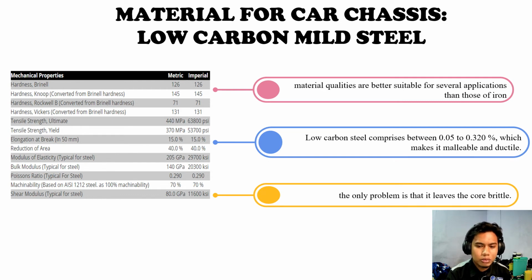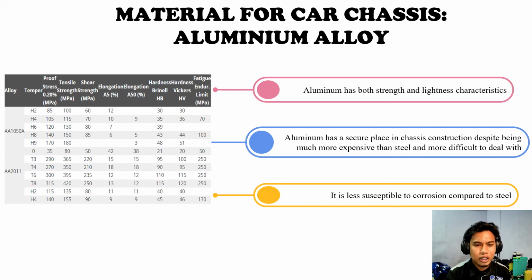The only problem is that it leaves the core brittle. The next material is aluminium alloy. Aluminium has both strength and lightness characteristics. Aluminium has a secure place in chassis construction, despite being much more expensive than steel and more difficult to deal with. It is less susceptible to corrosion compared to steel.